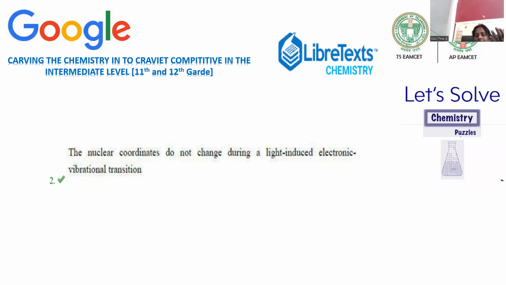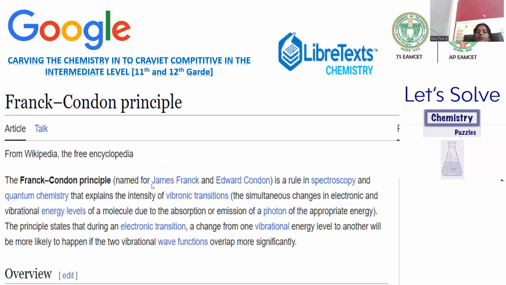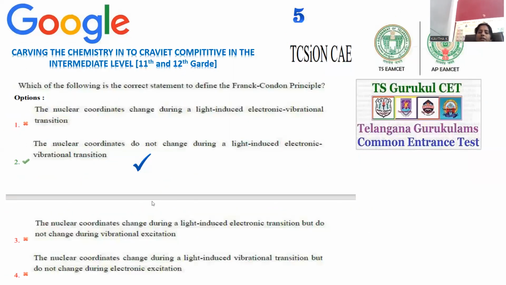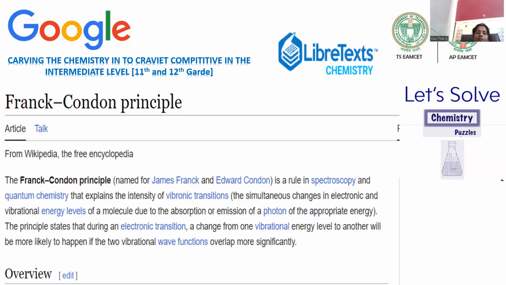But whenever those transitions happen, the nuclear dimensions or coordinates remain constant. That is the explanation provided by the Franck-Condon principle. For question number 5, option number 2 will be the correct answer.